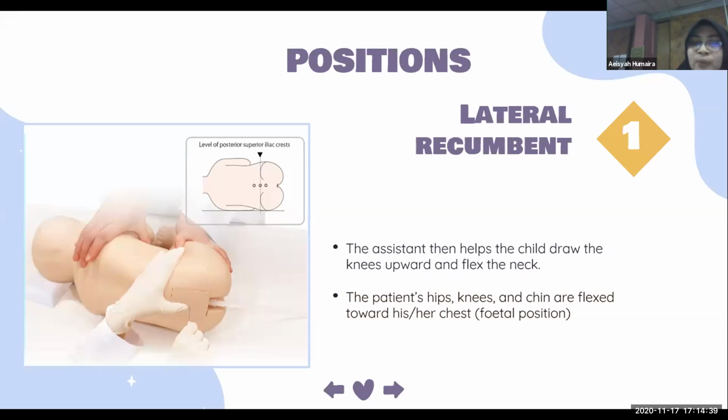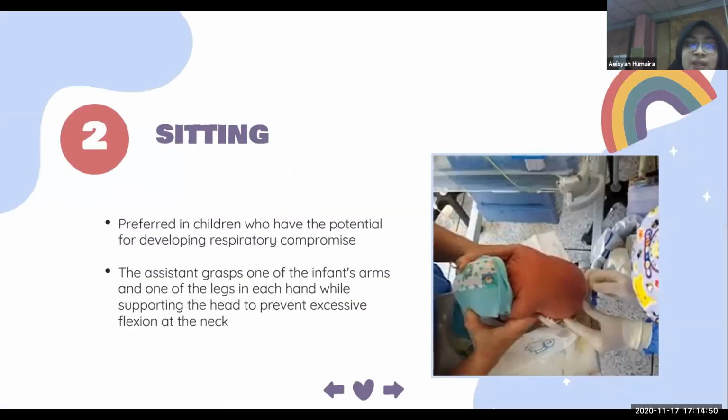But we need to avoid hyperflexion because it can cause respiratory compromise. Next is sitting. Sitting is preferred in patients who have the potential to develop respiratory compromise because of hyperflexion.